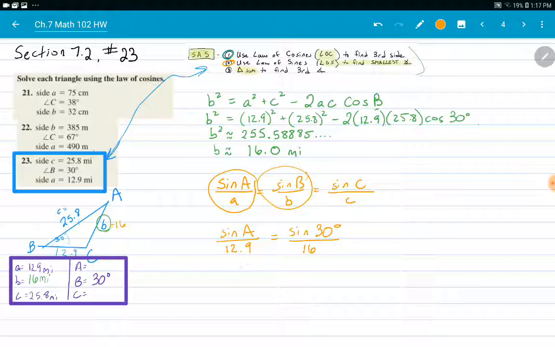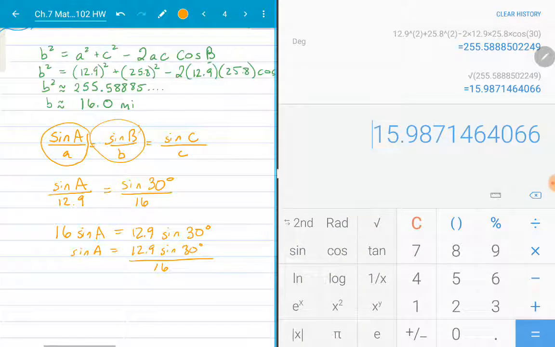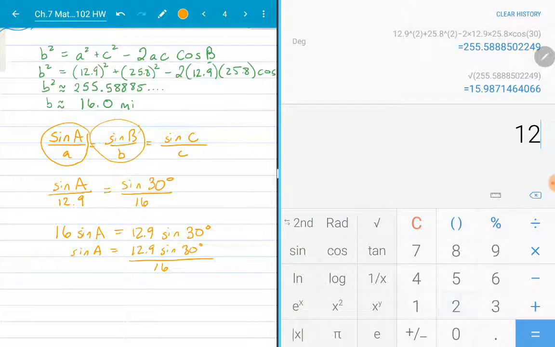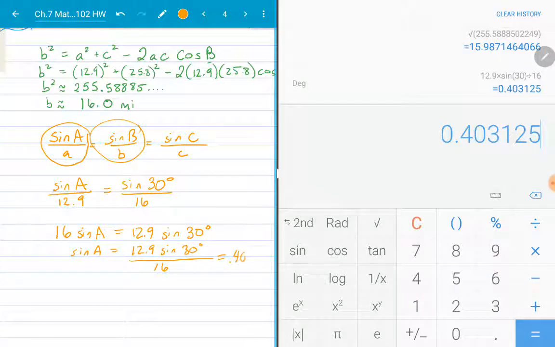Now cross multiply, and I get 16 times sine of A equals 12.9 times sine of 30. Isolating the piece with the A, since the trig function is the last thing I evaluate, sine of A equals 12.9 sine of 30 divided by 16, which I can put into the calculator. That gives me 0.403125.